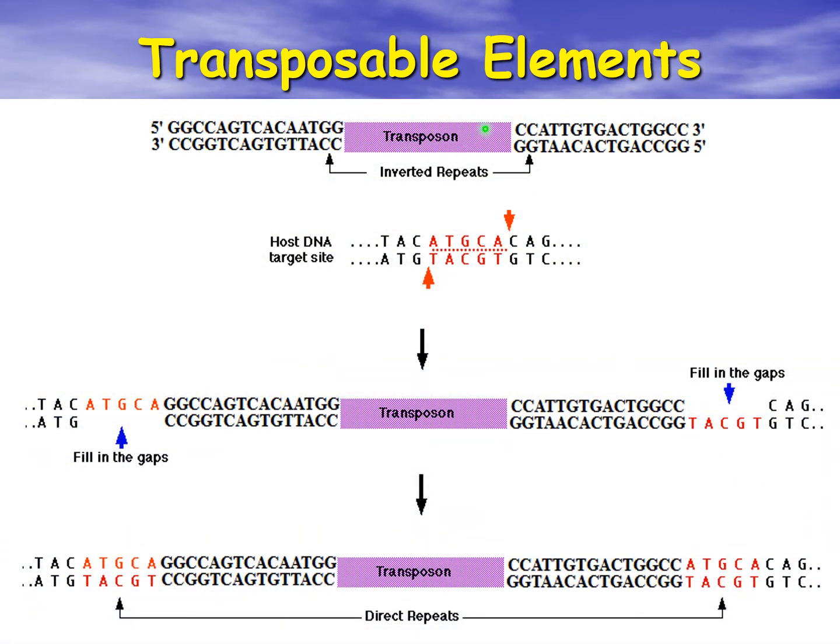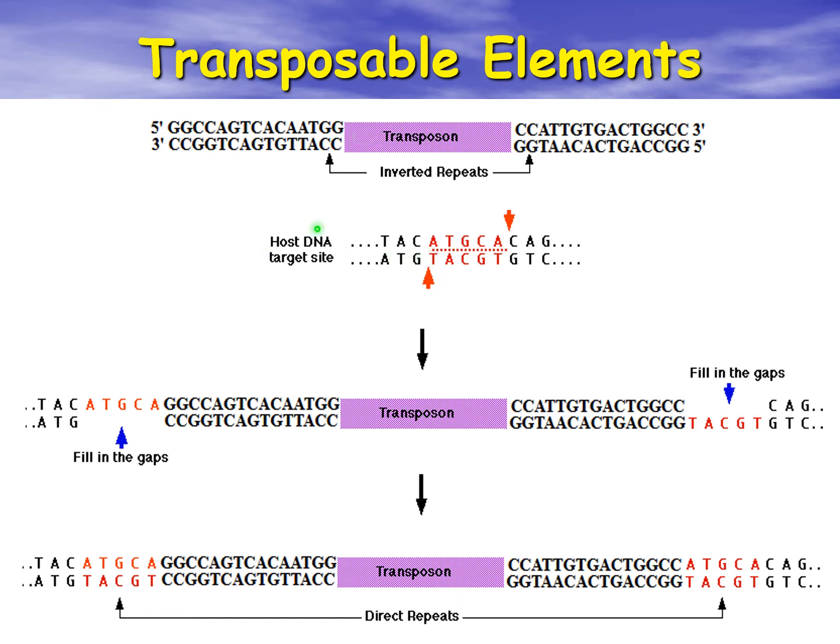The transposon gene will be found between something known as inverted repeats. So in other words, if you read the 5' to 3' direction, GGCCA, etc., and you go to the opposite side, reading from 5' to 3', you should see GGCCA. They are simply inverted repeats, or what we call palindromes of each other.